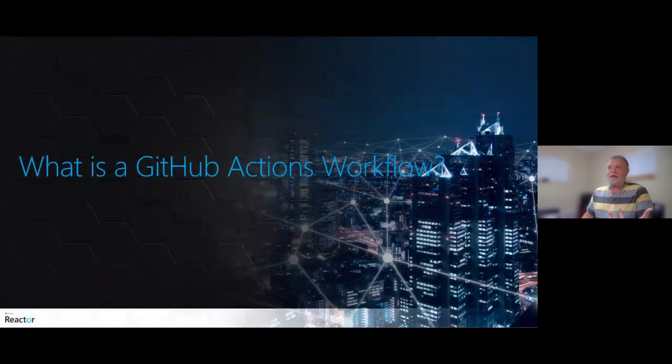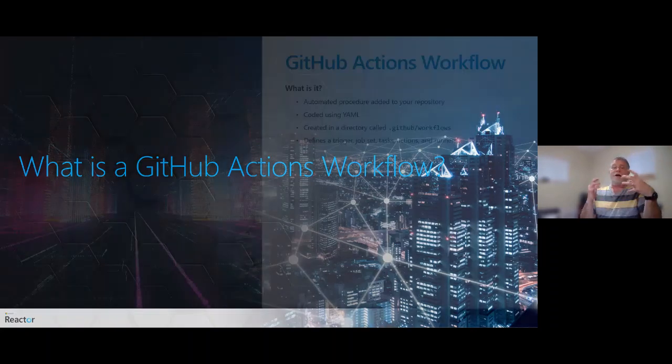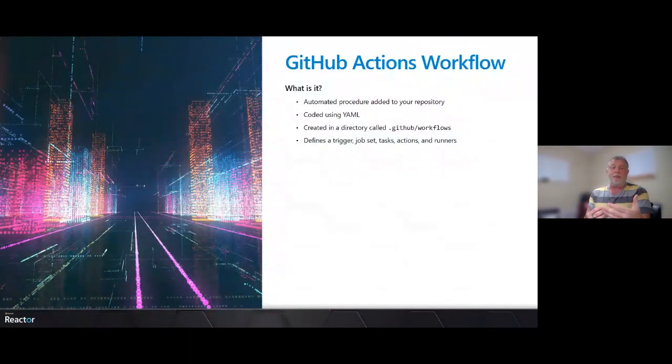So what is a GitHub Actions workflow? We've talked about the GitHub Actions themselves, these reusable scripts that are leveraged to automate specific tasks against our repository, against our software development and delivery workflow. Well, a GitHub Actions workflow is basically the combination of those things.